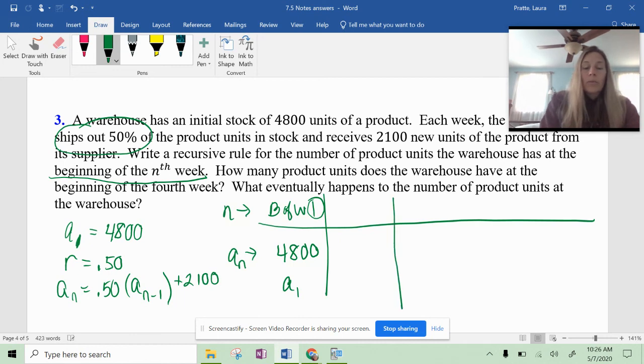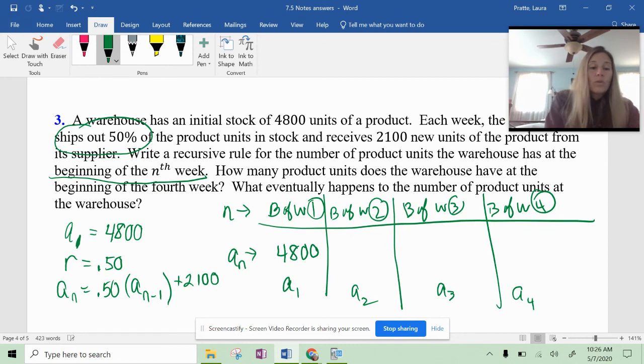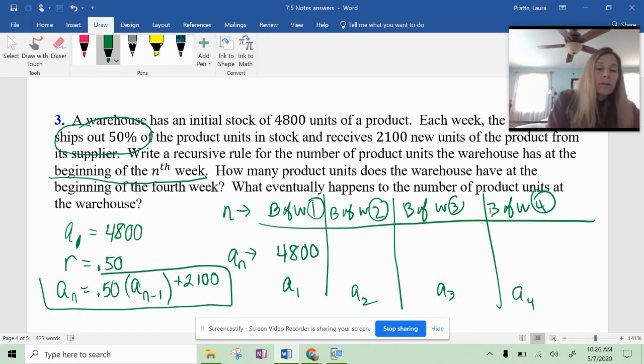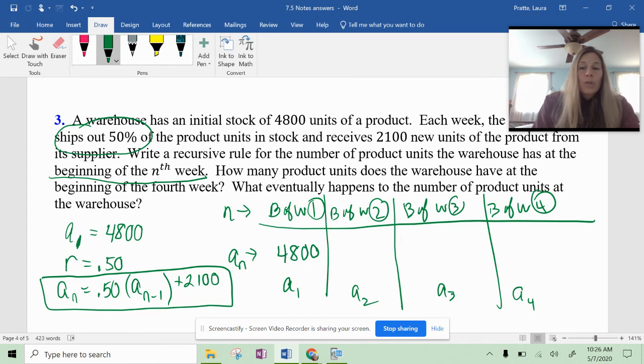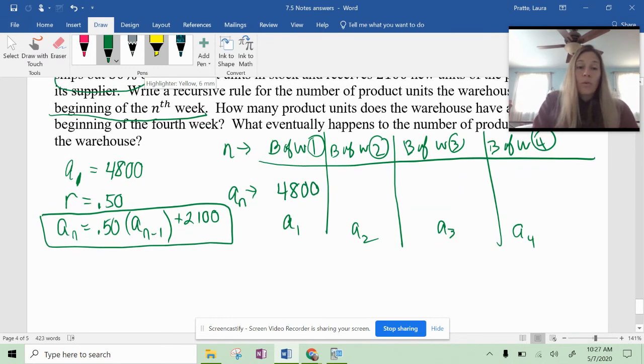So that's why we're making A sub 1 4,800. So the beginning of week 2 is going to be A sub 2. The beginning of week 3 will be A sub 3. The beginning of week 4 will be A sub 4, right? So this is already the part with the n that they asked us for. So how many product units does the warehouse have at the beginning of the fourth week? We just have to do that iteration now.